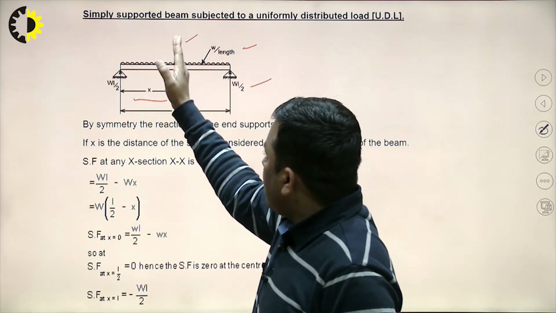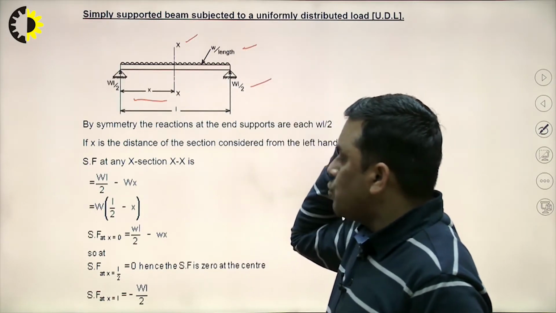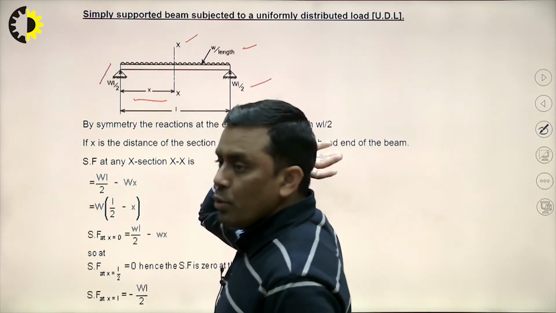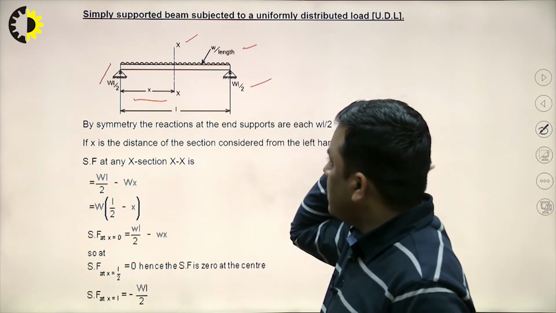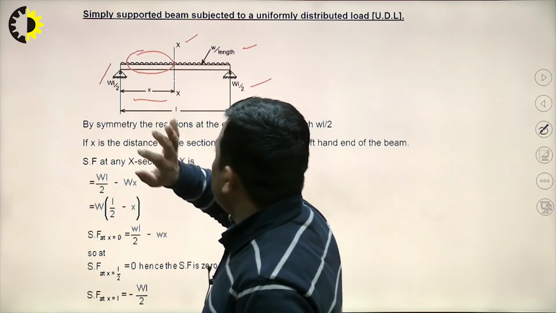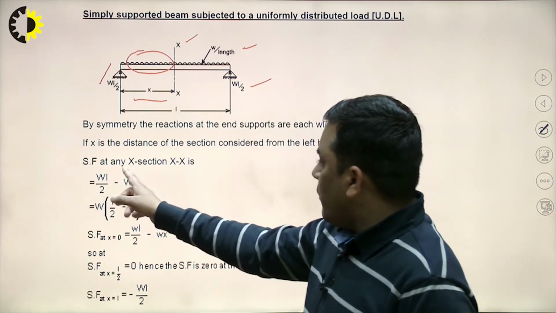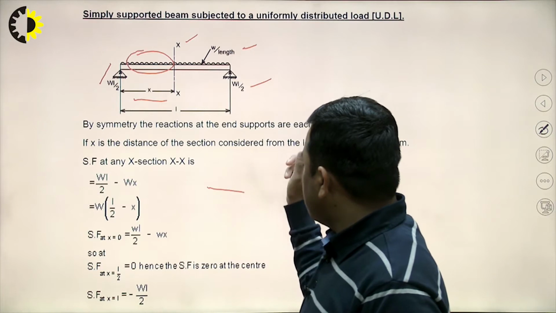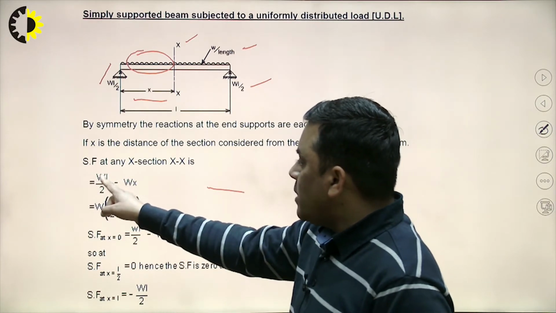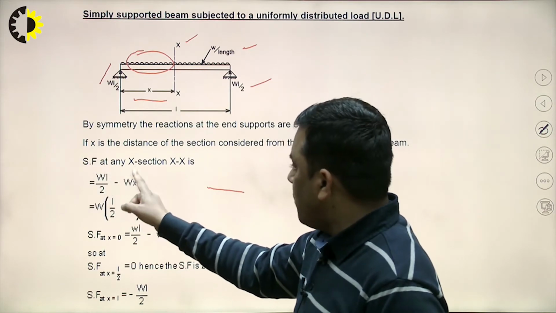On the left side of the XX plane, we are observing two forces. The first one is WL/2, the support reaction. The second one is this much of UDL on the left side. So we can write the shear force at section XX as the algebraic sum: WL/2 minus Wx.